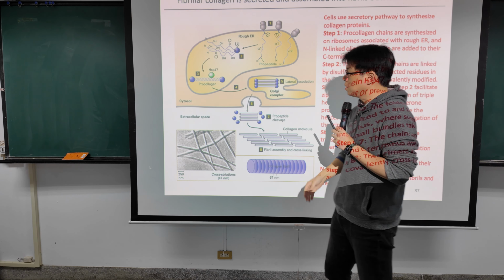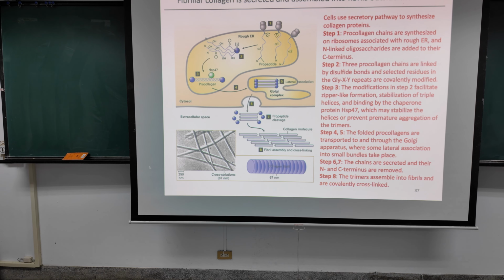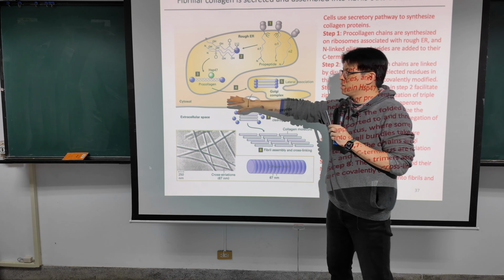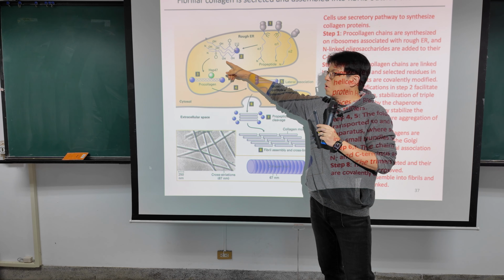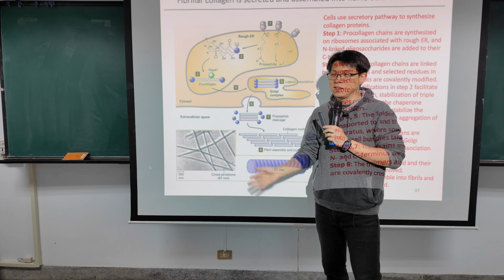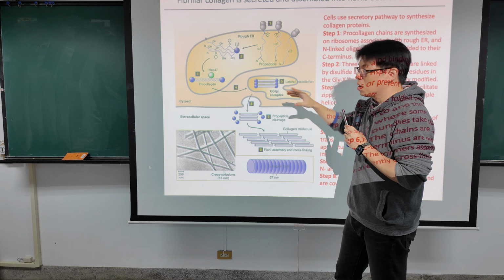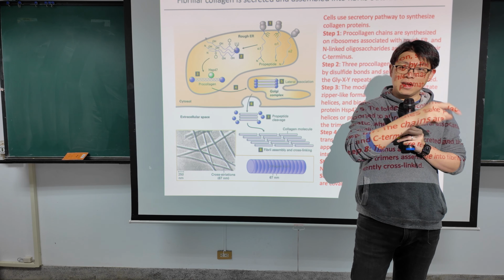And they will use the modification on the tail side to align with each other. In the cytosol, it's crowded, but in the lumen, it's really an open space, a huge space here. Okay, so they will be delivered to the Golgi. Basically, the Golgi also grows from the ER.